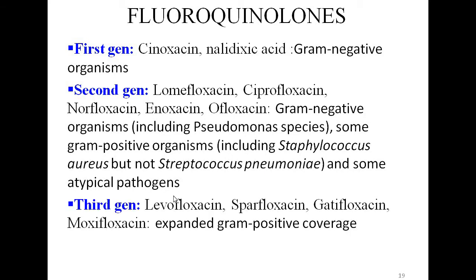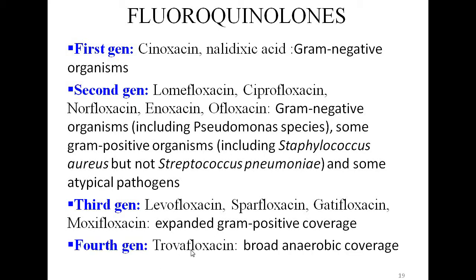The third generation fluoroquinolones, which include levofloxacin, sparfloxacin, gatifloxacin, and moxifloxacin, in addition to being effective against gram-negative organisms like the second generation, have some amount of expanded gram-positive coverage. Please notice the first three generations of fluoroquinolones do not have any activity against anaerobes.